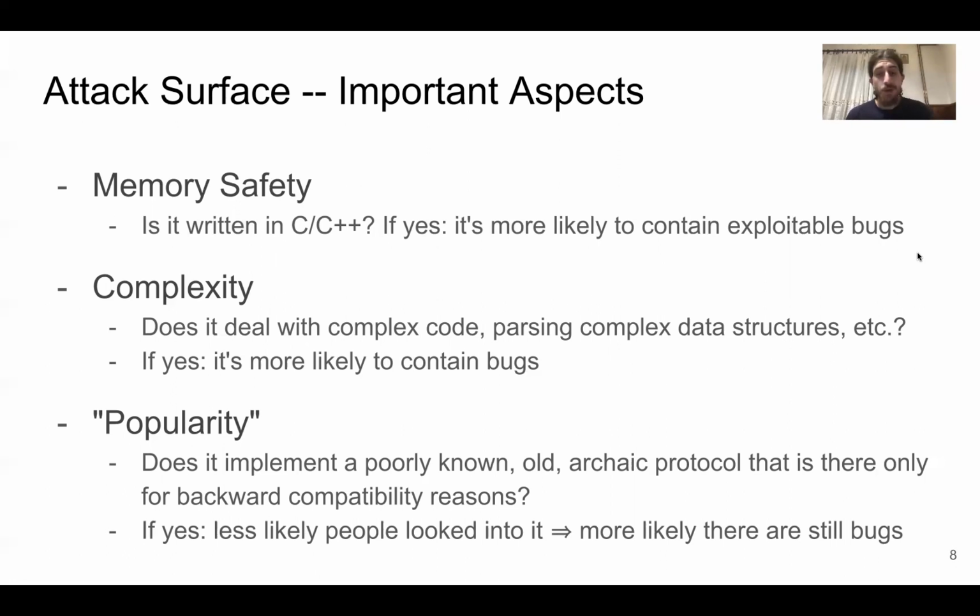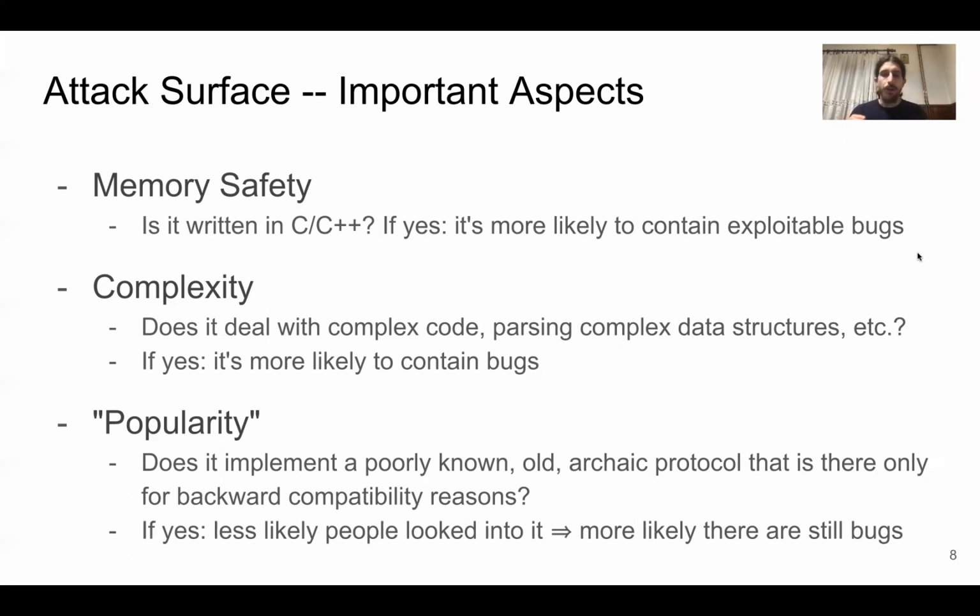Why? Because usually if the code is well known, it means that probably it's fuzzed better. We will touch on what fuzzing means later, but it has been analyzed better. It has been investigated by many more eyes. And if you have an old component that nobody cares about, maybe fewer people checked it out, and it could be that there are more bugs there.